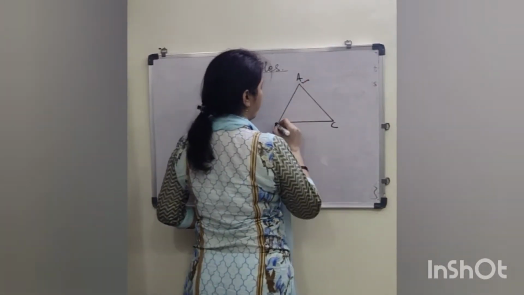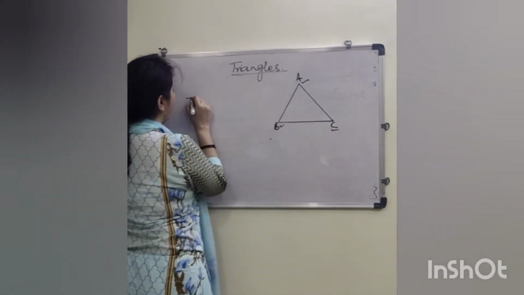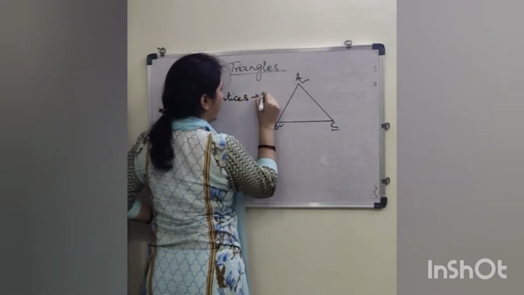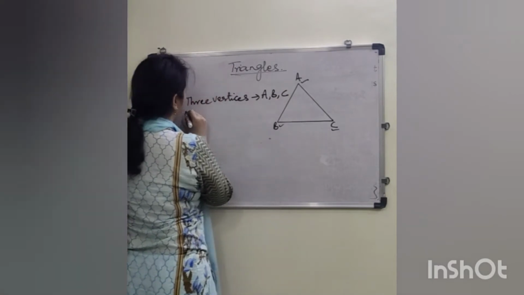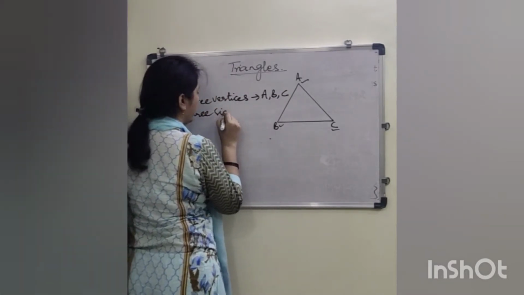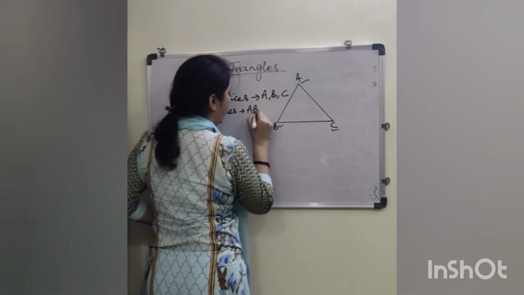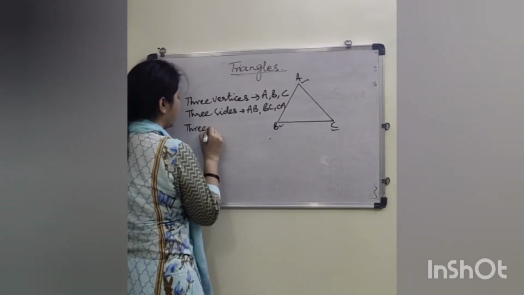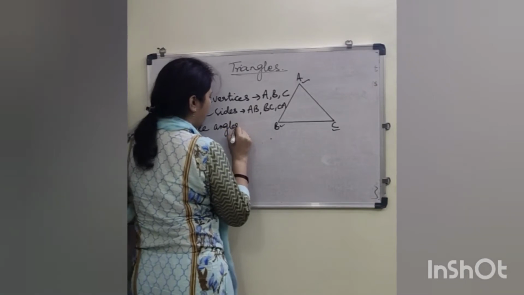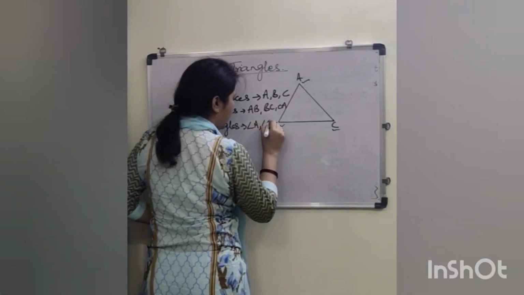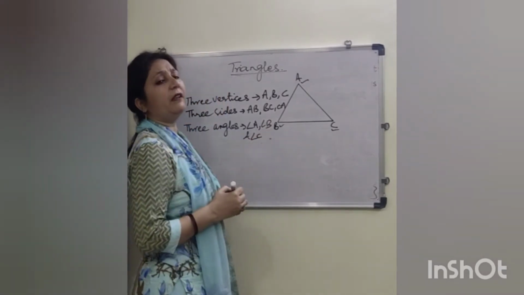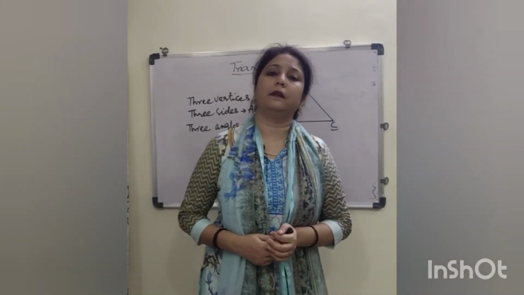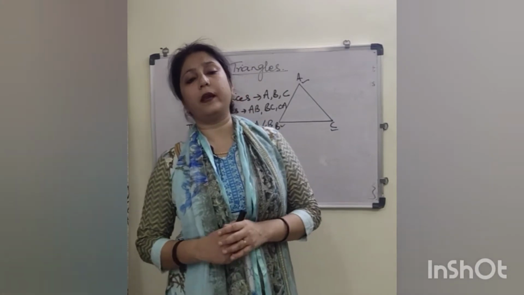It has got three vertices, vertex A, B and C. Three sides, they are AB, BC and CA, and the three interior angles, they are angle A, angle B and angle C. So basically we can say a triangle has got six parts, three sides and three angles. These are the six parts of a triangle.